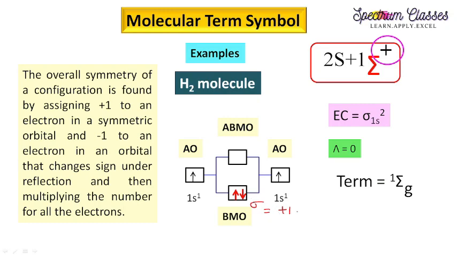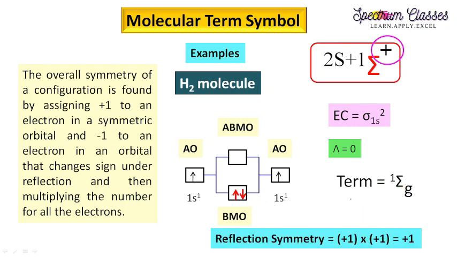So plus 1 for one electron and plus 1 for another electron. On multiplication of these two, we will get plus 1. And if this is plus 1, it means it is symmetric about the inversion symmetry. And if this is plus, then we designate it as gerade. So the inversion symmetry for this two-electron system is g.